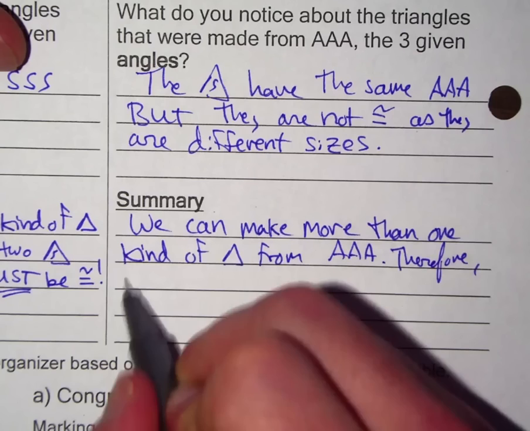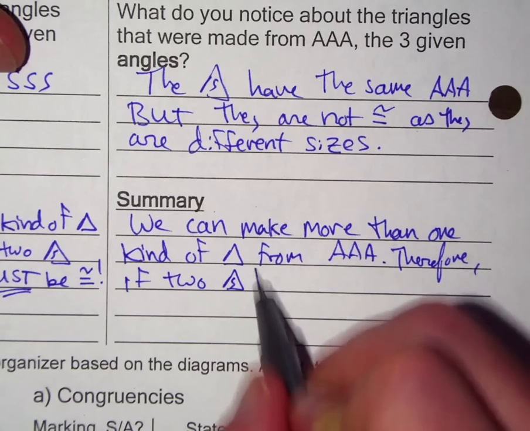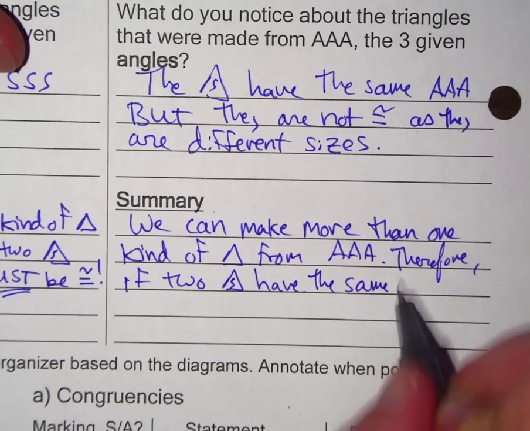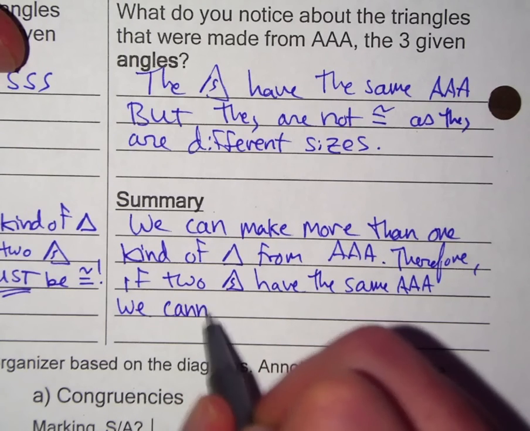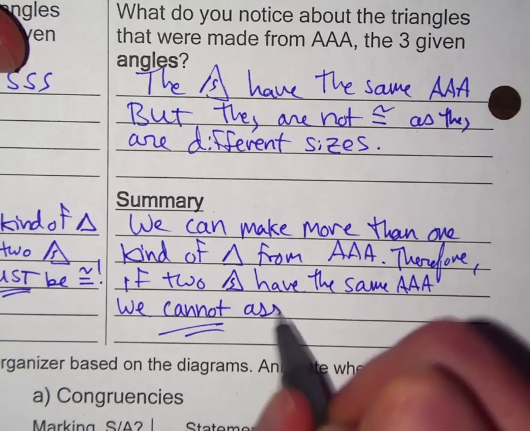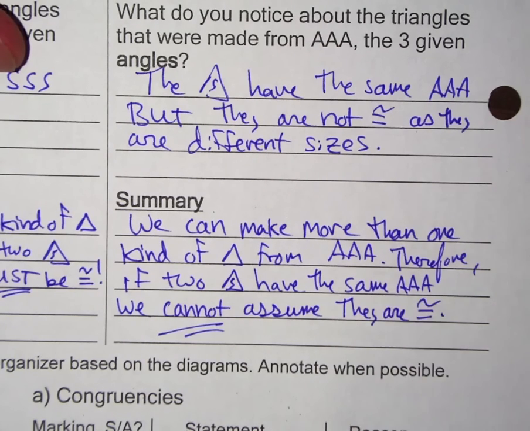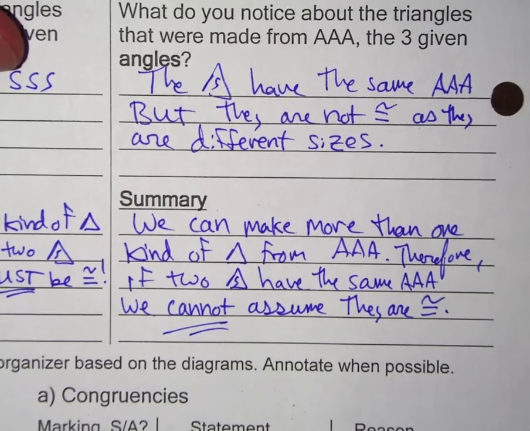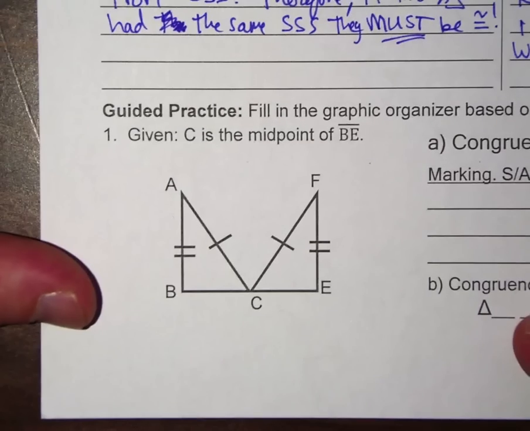Therefore, if two triangles have the same angles, we cannot assume they are congruent. One triangle might be really tiny with the 3 angles, but the other one might have the same 3 angles but be really big. So we cannot use that as evidence to say they must be the same. So let's come down and apply these ideas.